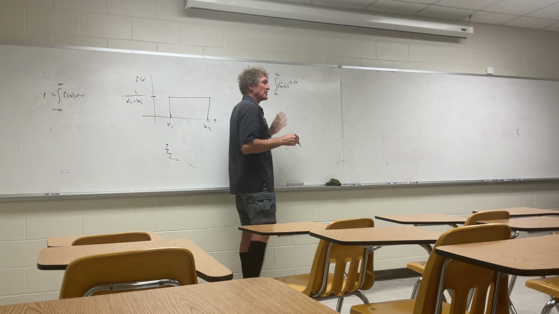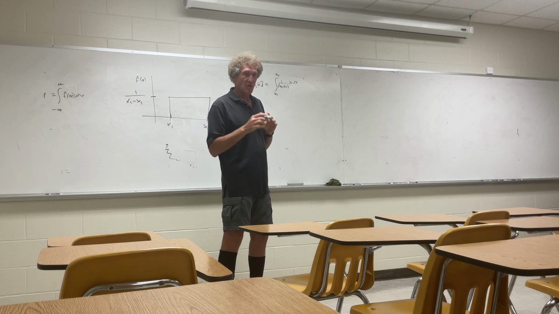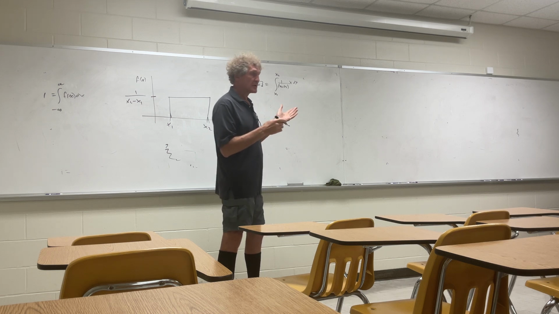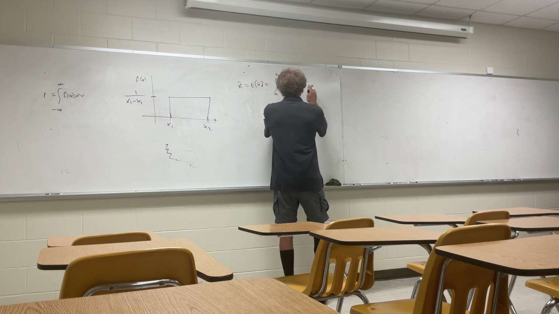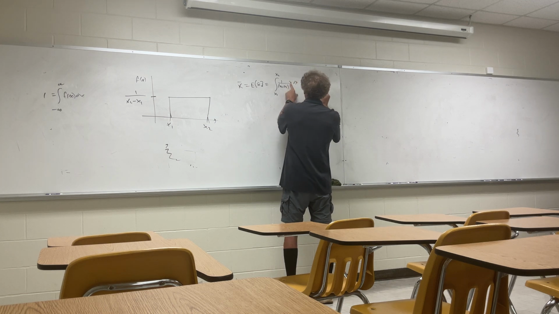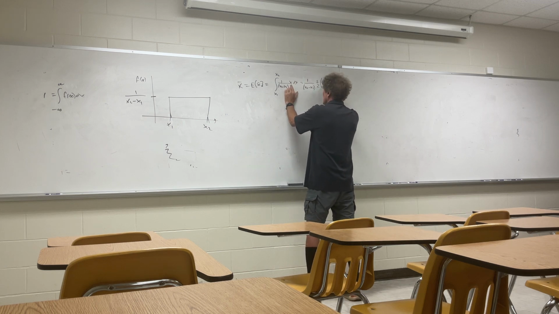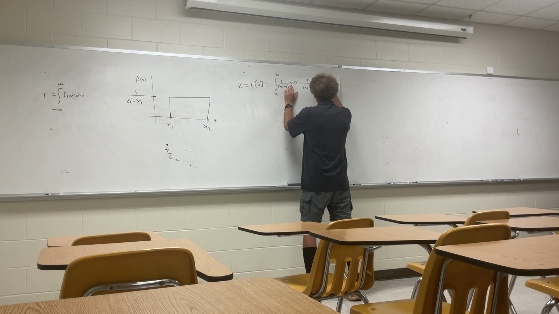Does everybody follow me? It's meant to be just an obvious thing, right? If you look at this, that's going to be 1 over x2 minus x1, and then you get x squared over 2, so you get a 1/2 times x squared evaluated at the upper and lower limits, x2 squared minus x1 squared.